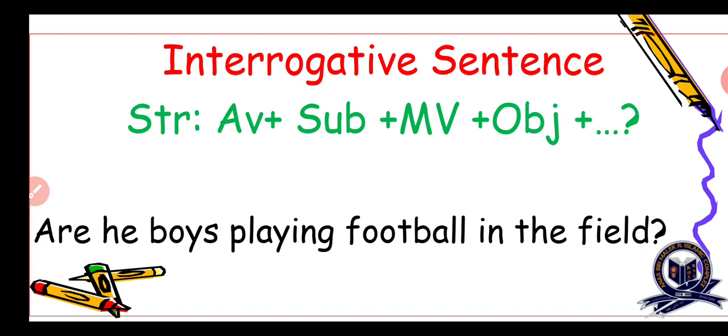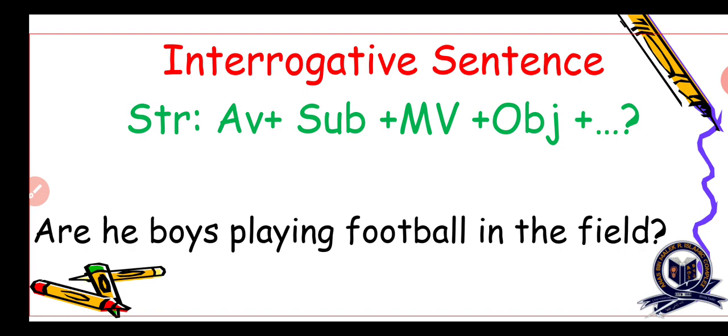This is the interrogative sentence that we call a yes-no question. It starts with an auxiliary verb, followed by the subject, then the main verb, then the object, and then a question mark. According to this structure, I have written a sample sentence for your understanding.